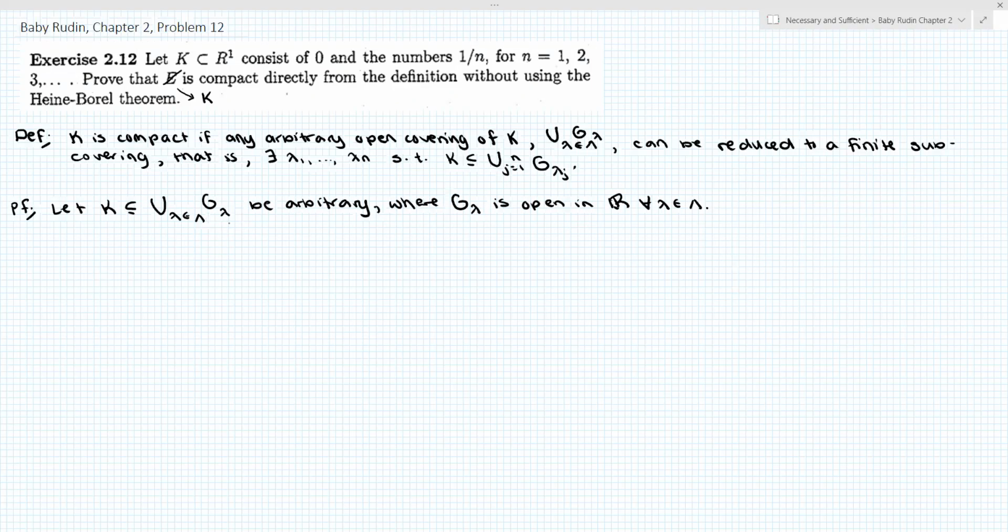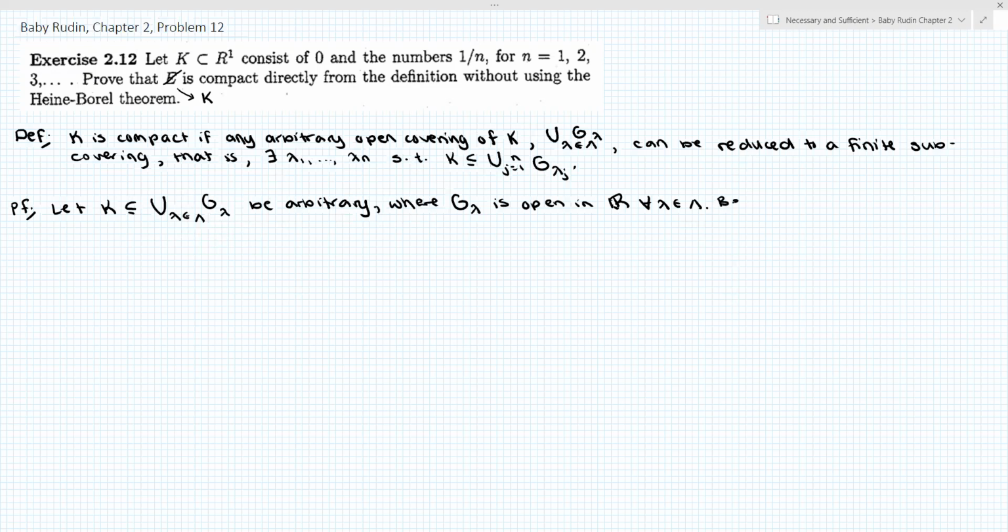Okay, so we have an arbitrary open covering of K. We need to figure out how to pick finitely many of these lambdas so that K can be written as a subset of the finite union of these open sets.